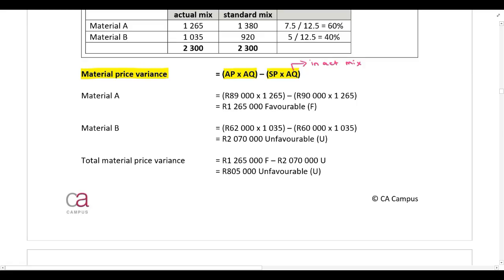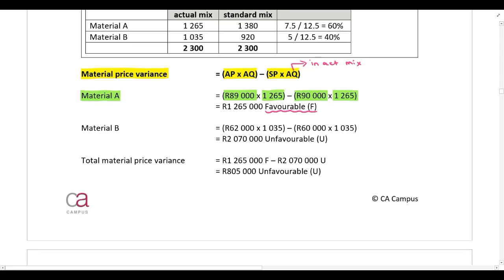So you can see the actual quantity is exactly the same. If we are looking at material A, the actual quantity is the same. We are comparing the actual price paid per kilogram to the standard price per kilogram. And you can see they actually paid less than the standard price, and that's why the variance is favorable.